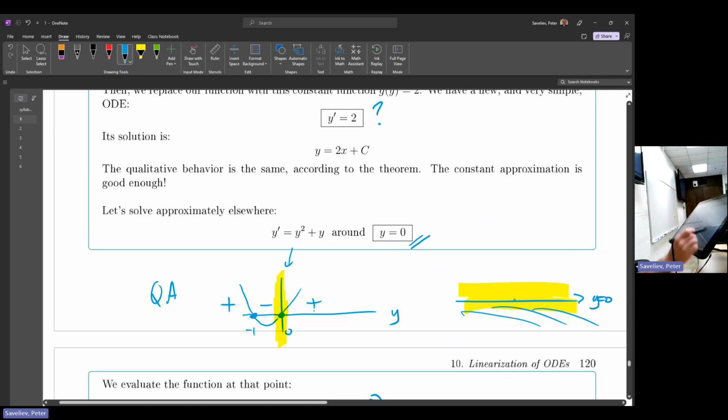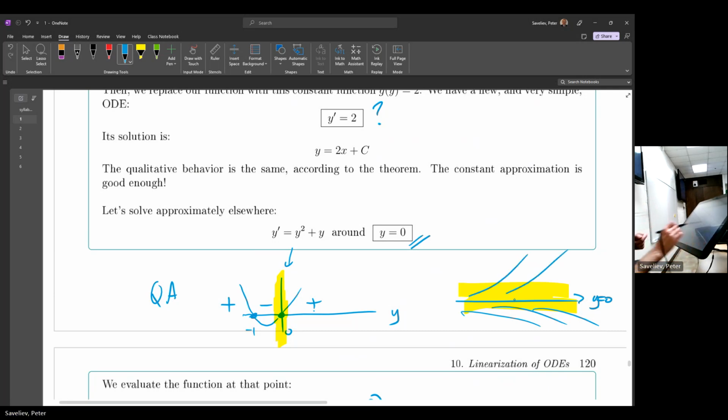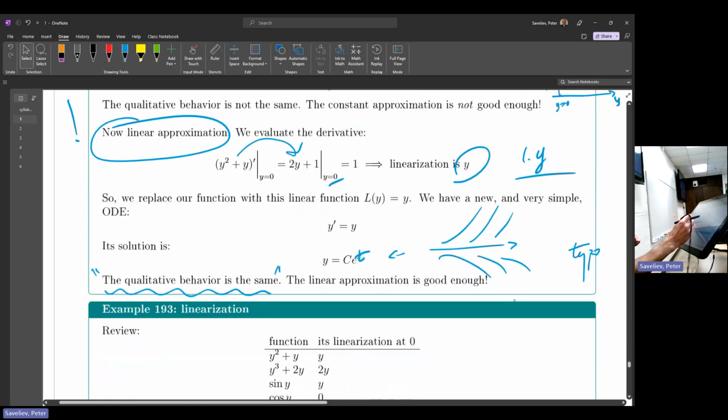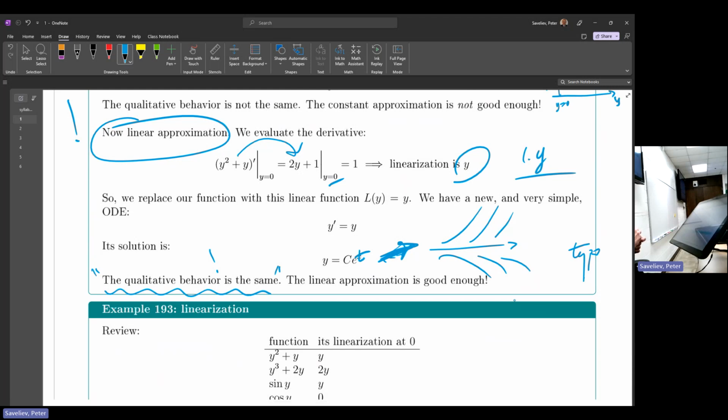And above, it's a plus. So that's a quick qualitative analysis of my differential equation, and if you compare this to what we built from linearization, it matches. Confirming this is indeed true: the qualitative analysis of the new differential equation matches that of the original.